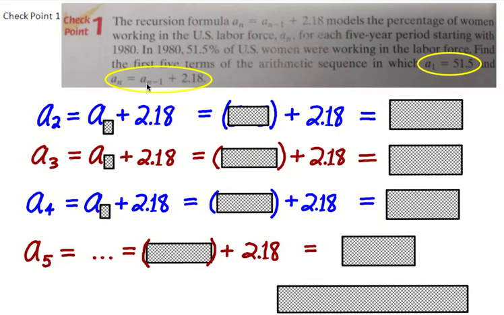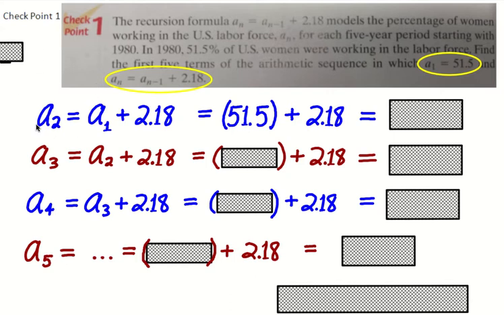So even though you could technically plug in 2 to find the second term, which makes that a sub 1, and plug in 3 to get the third term, which makes it 3 minus 1, which is 2, and plug in 4 for n, and so on, what really is happening is this a sub n minus 1 just becomes the previous term.